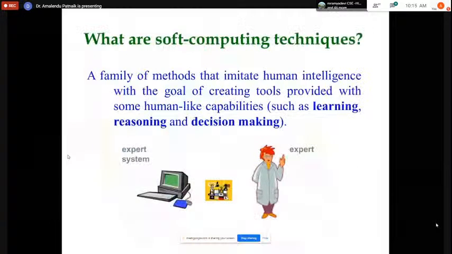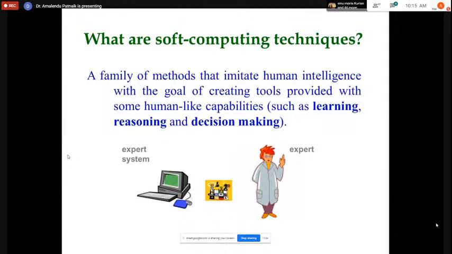Now, as I told you previously, people were calling these soft computing techniques. Gradually, we coined different terms for them. So, what are these soft computing techniques? These are a family of methods, not a single method.